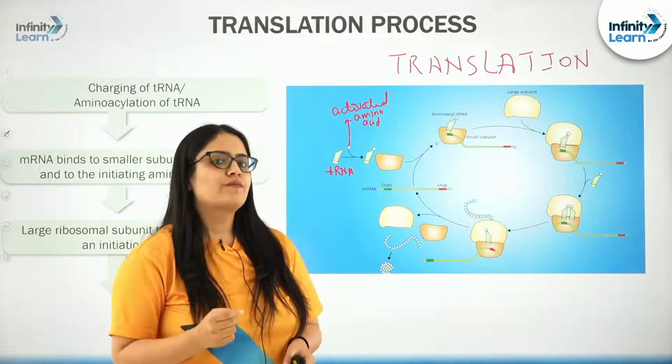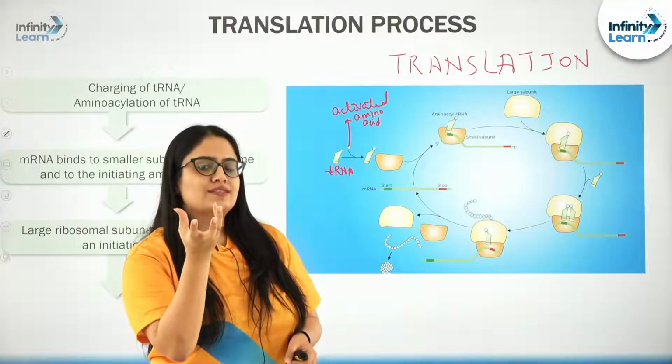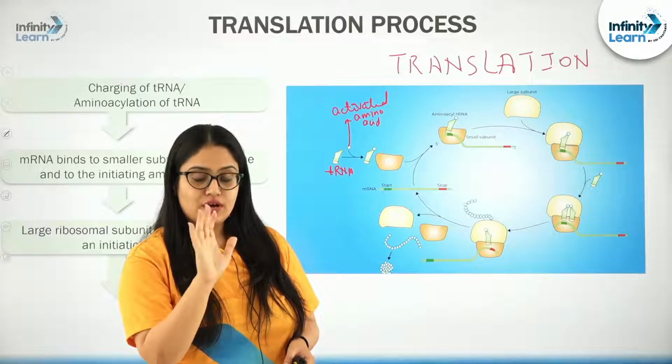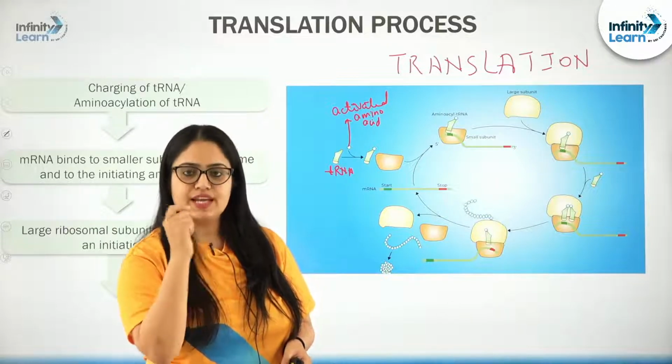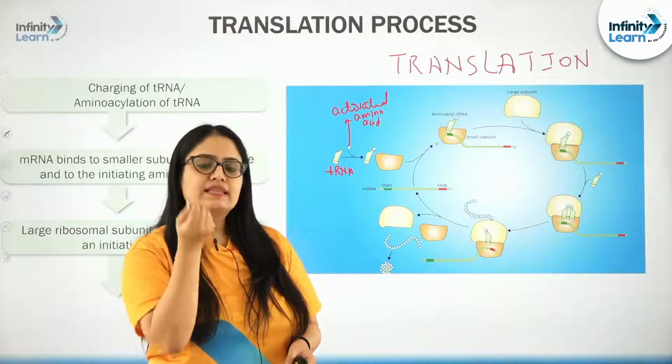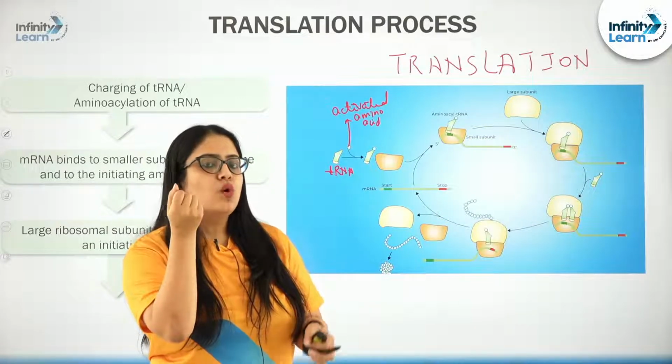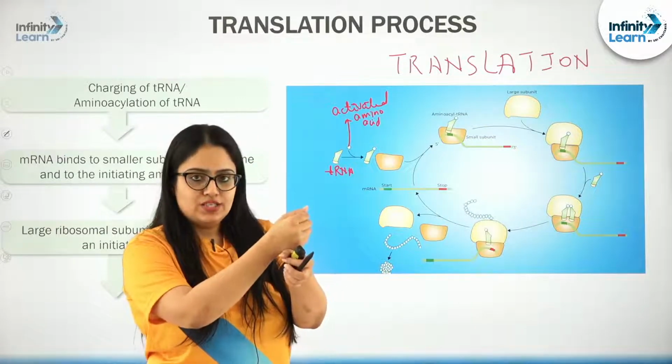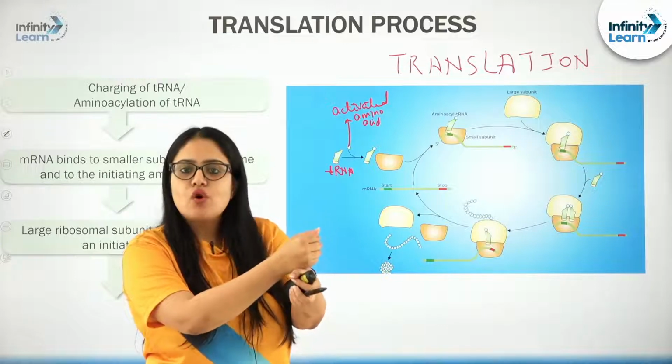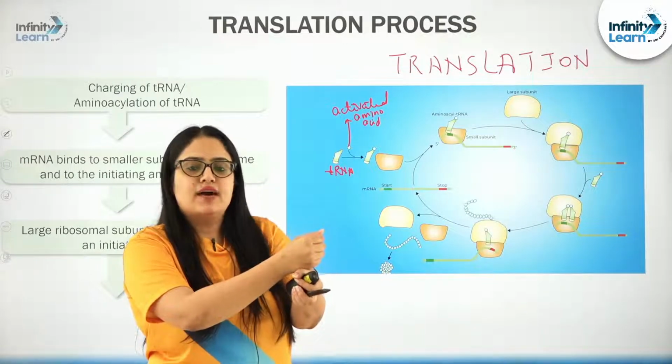So, first of all, amino acids will be activated in presence of ATP. Then this activated amino acid will covalently bind to the cognate or related tRNA.